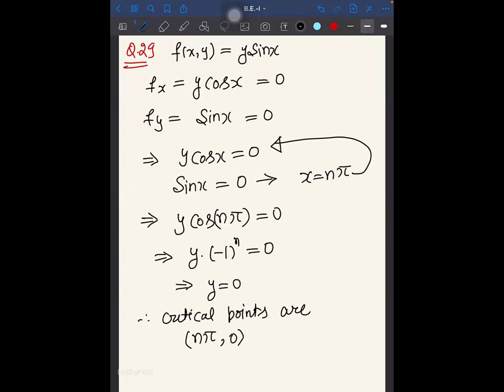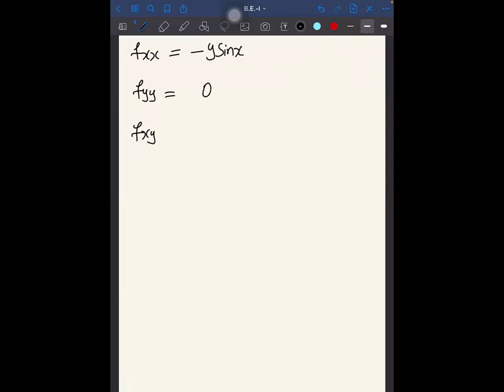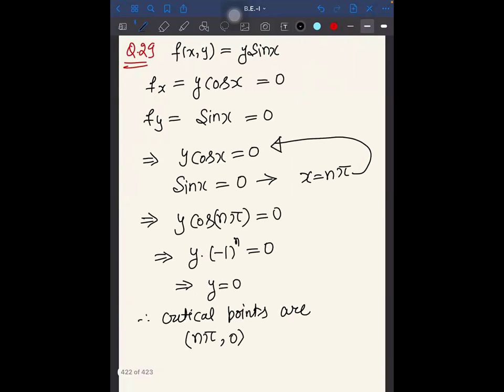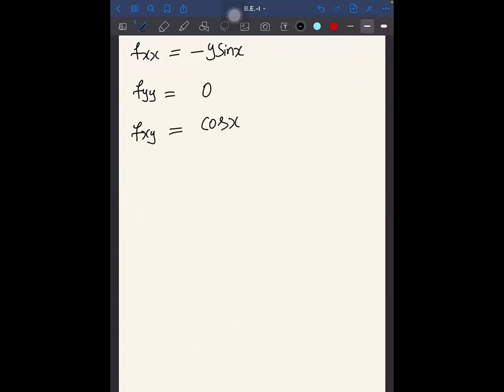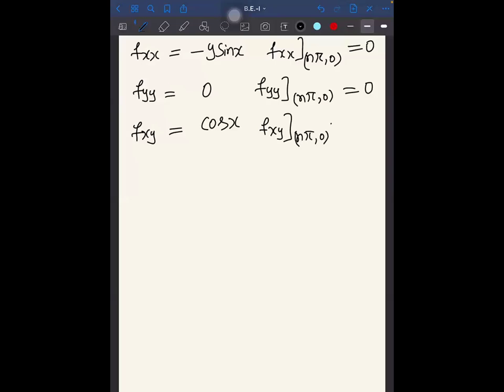And what is fxy? Cos x. Now fxx at n pi, 0: if you put x is equal to n pi, it becomes 0. fyy at n pi, 0 is already 0. And fxy at n pi, 0 becomes minus 1 raised to power n.